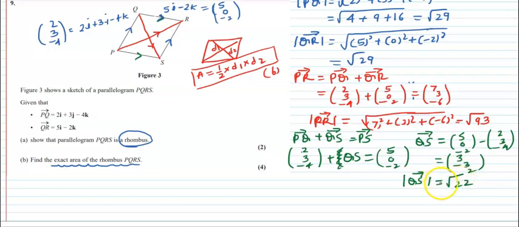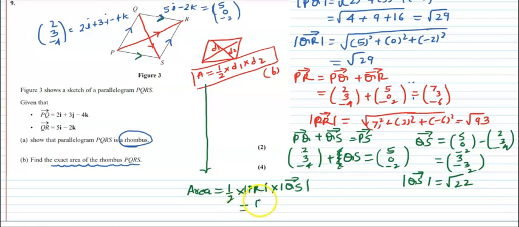And we can find the area using this formula. Area equals half times modulus of PR times modulus of QS.